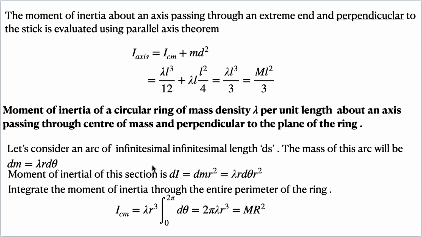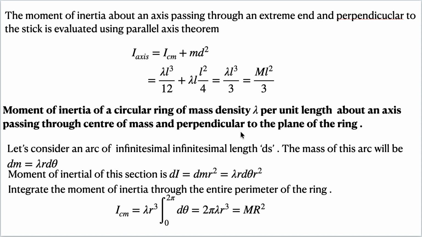So I center of mass, as we already obtained, is lambda L cube upon 12, plus m d square is lambda L cube upon 4. On summing these two quantities we get lambda L cube upon 3, which is nothing but m L square upon 3.